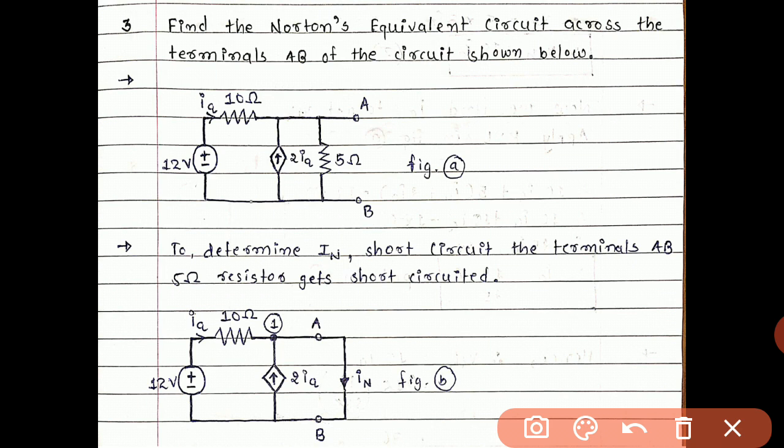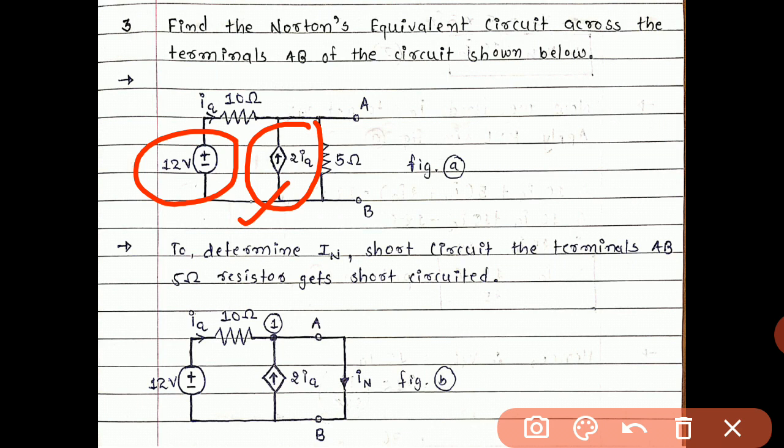The 12-volt source is the independent source, whereas the 2IA current source is the dependent source. Using this theorem we calculate the values of In and Zn and put them in parallel, so finally we get the answer.